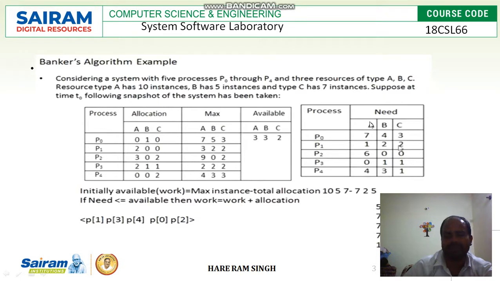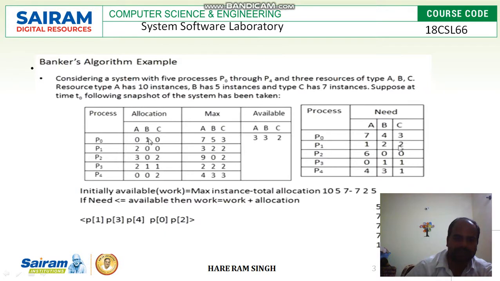At any instance, how much will be available? 0 instances of A allocated to P0, 2 to P1, 3 to P2, 2 to P3. So how much is total allocated out of 10 instances? 0 plus 2 plus 3 plus 2 plus 0: 3 plus 2 is 5, 5 plus 2 is 7. 7 instances are allocated among P0 to P4. So 10 minus 7 is 3.